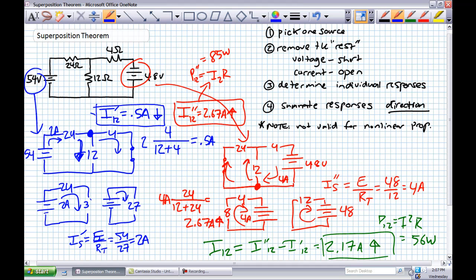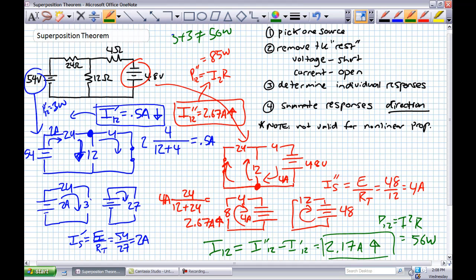And if I was to try to do P single prime 12, I squared R, 0.5 squared times 12 is equal to 3 watts. We can already see that 85 plus 3 is most definitely not equal to 56 watts.